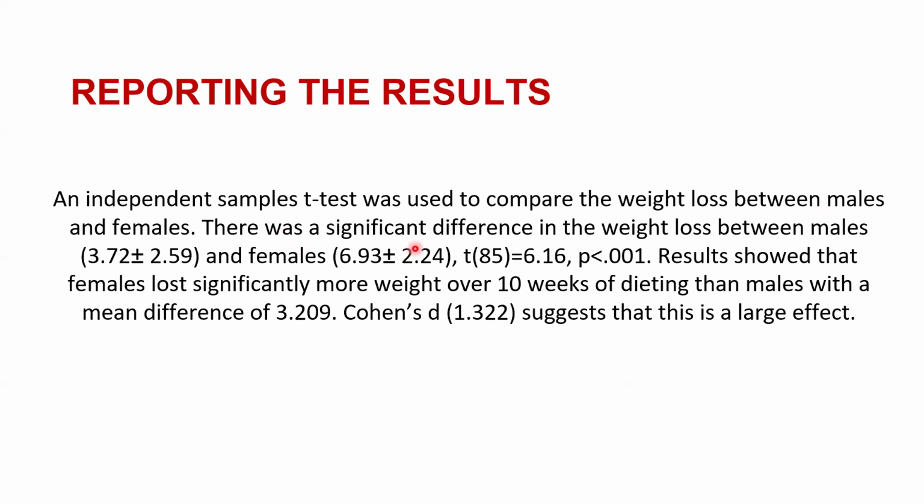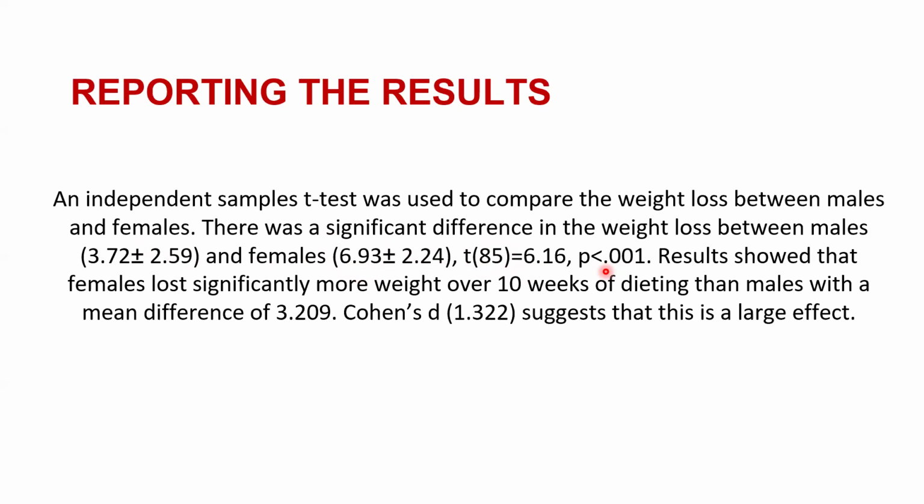There was a significant difference in the weight loss between males and females, and we include the mean and standard deviation for the male group, and the mean weight loss and standard deviation for the females. Then we include the parameters: t with degrees of freedom 85 is equal to 6.16, wherein the p-value is less than 0.001.